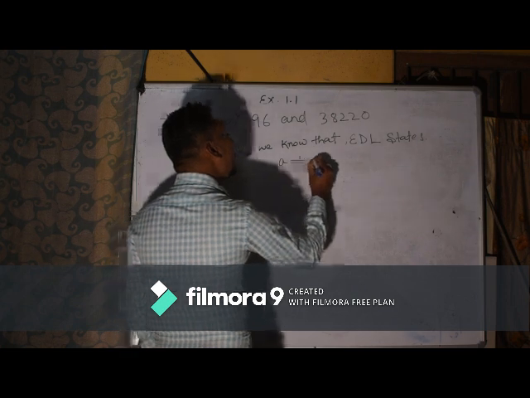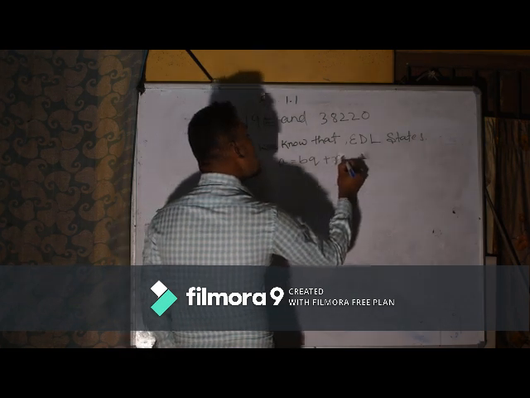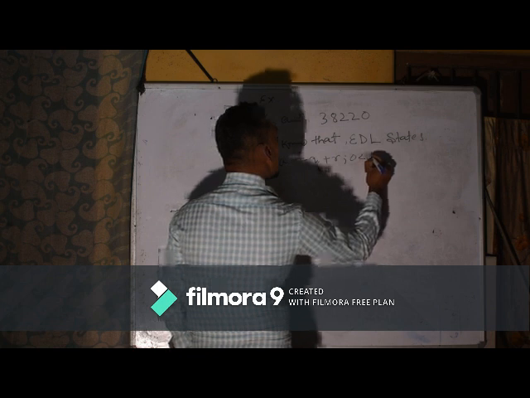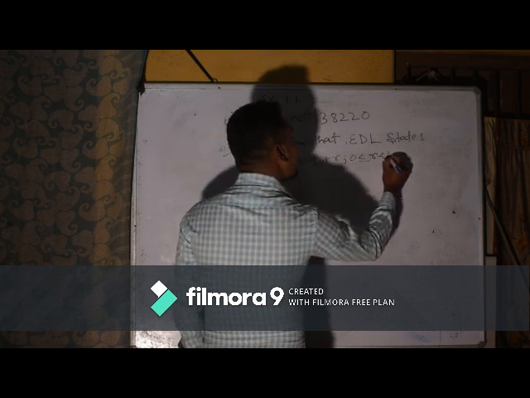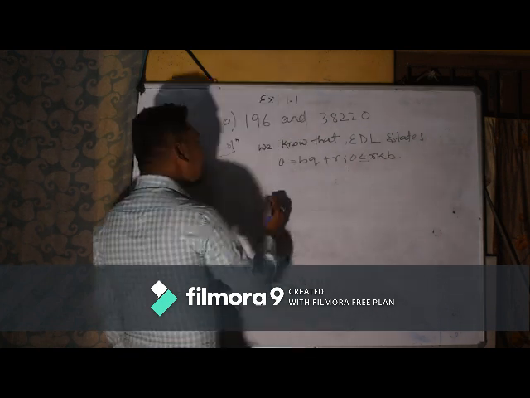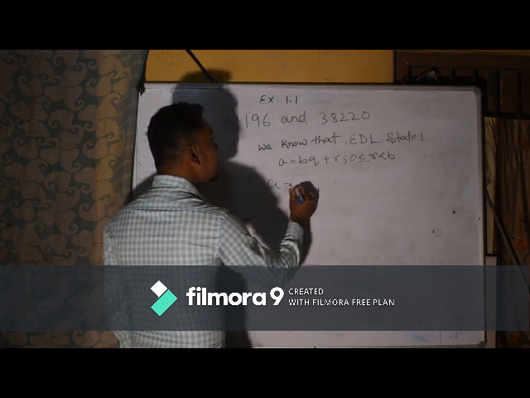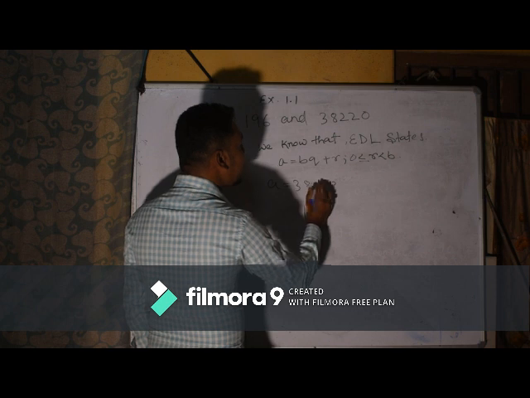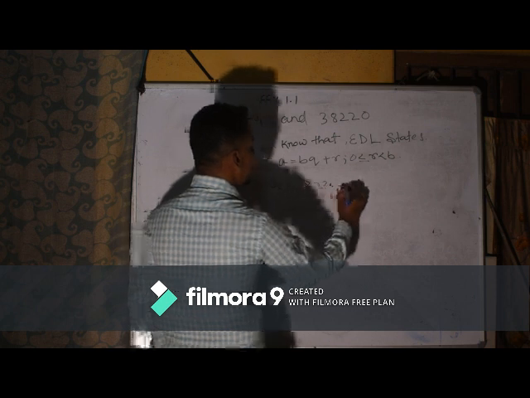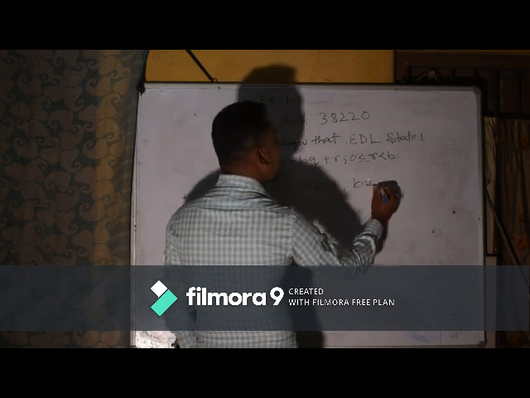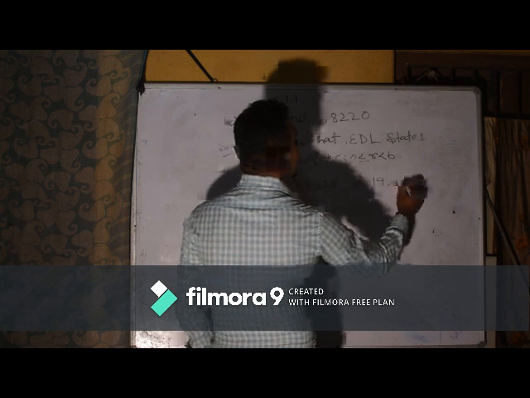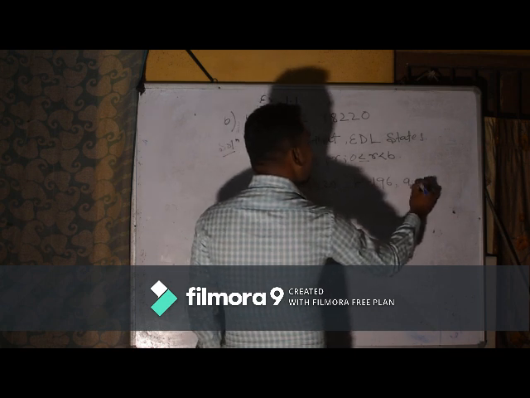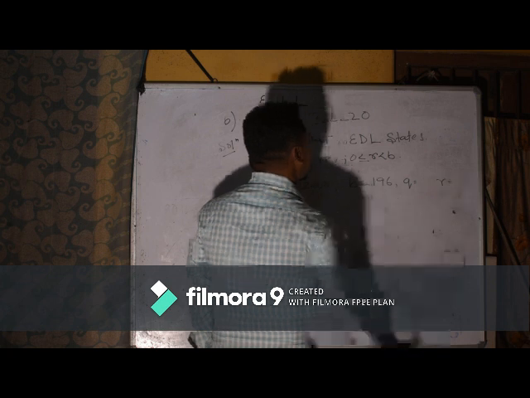A is equal to BQ plus R, where 0 less than or equal to R less than B. So here A is the bigger number, 38220. B is 196. Now R and Q we have to find. Q and R is equal to question mark.